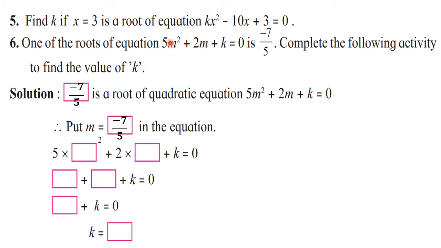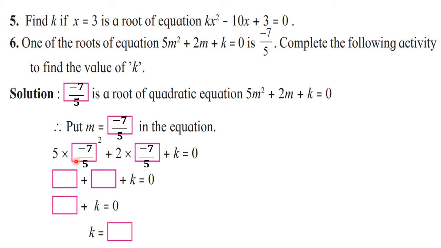So everywhere in place of m now we are going to write minus 7 upon 5. Both the places minus 7 upon 5 will come. Now same number we are repeating everywhere, so here you will get only half mark for this. Because once you know the correct number, you can write it everywhere.